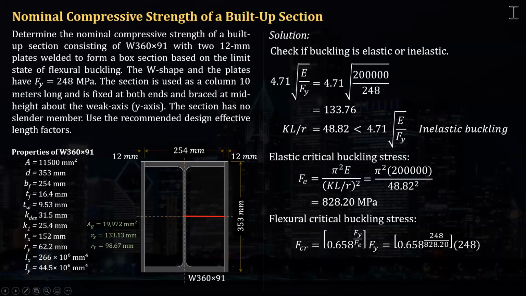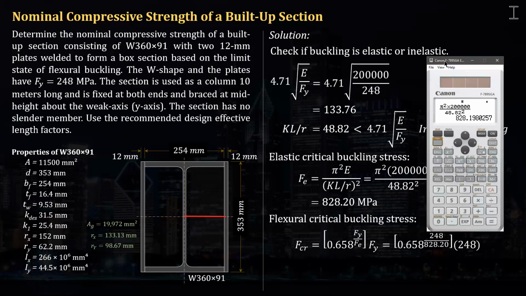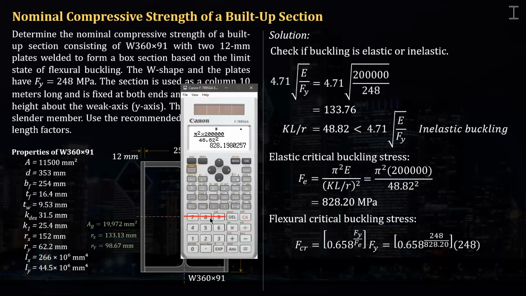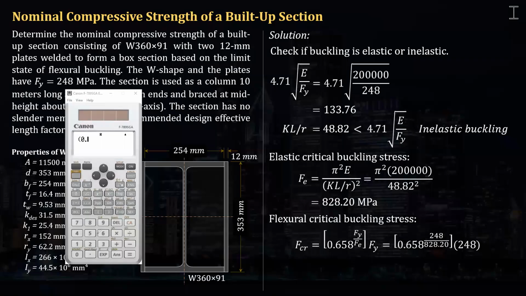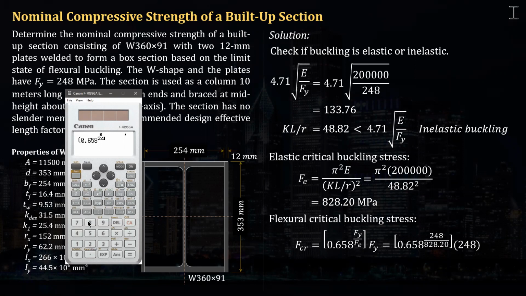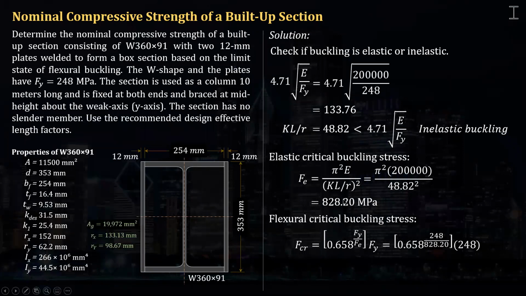So 0.658 raised to Fy over Fe, 248 over 828.2, times Fy, which is 248, and that will give us 218.79, okay, in megapascal.